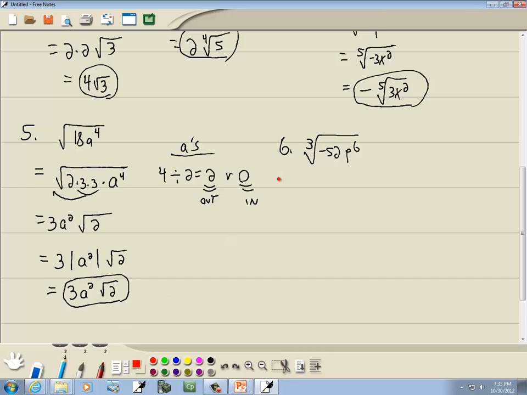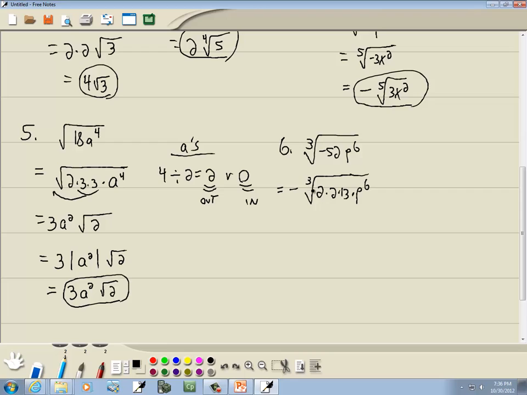Remember, if you have a negative and an odd index, you can go ahead and bring that negative out in front. So I'm not even going to worry about that negative. Just put it out in front. 52 is 2 times 26, which is 2 times 13, times p to the 6.